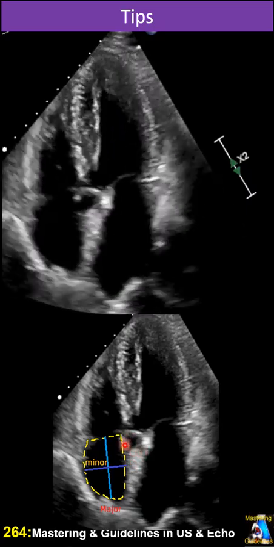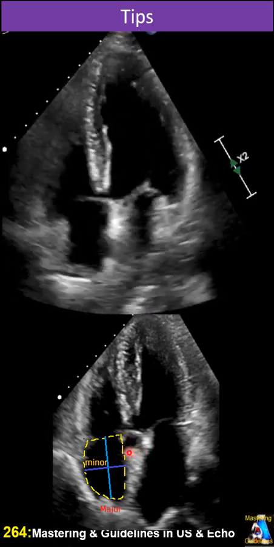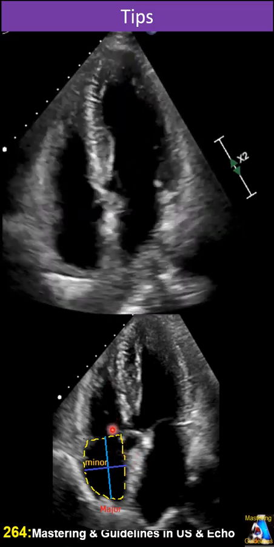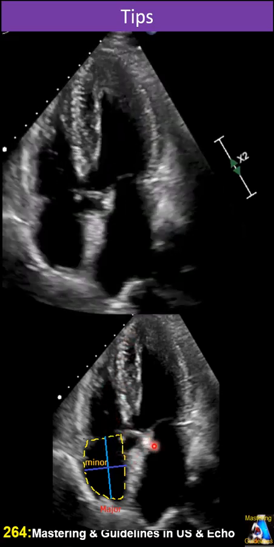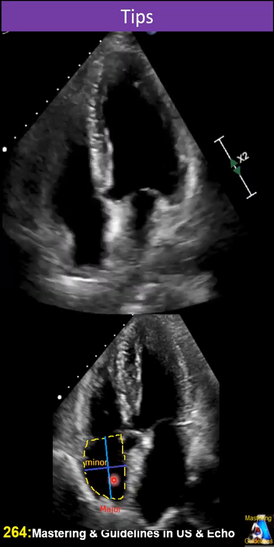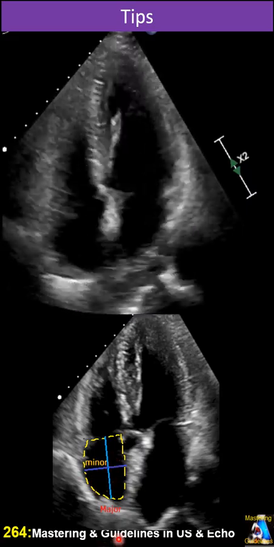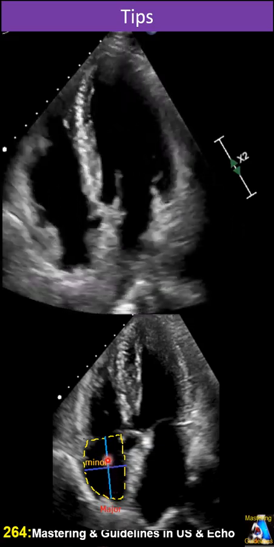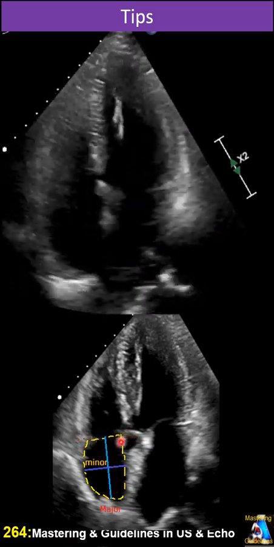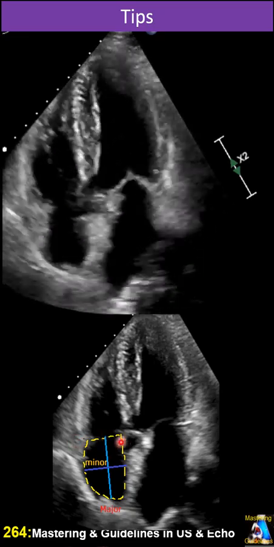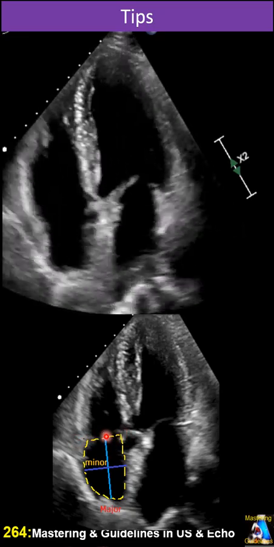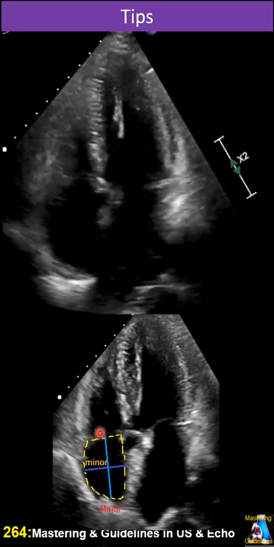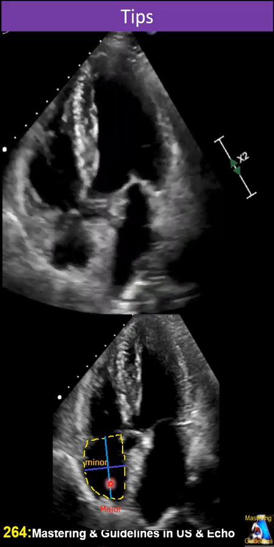Just remember, insertion of the tricuspid valve annulus is a little more apical compared to the mitral valve annulus. Then for the major dimension, we make a line from the posterior to the center of the tricuspid valve ring, the middle of that, as much as possible perpendicular.